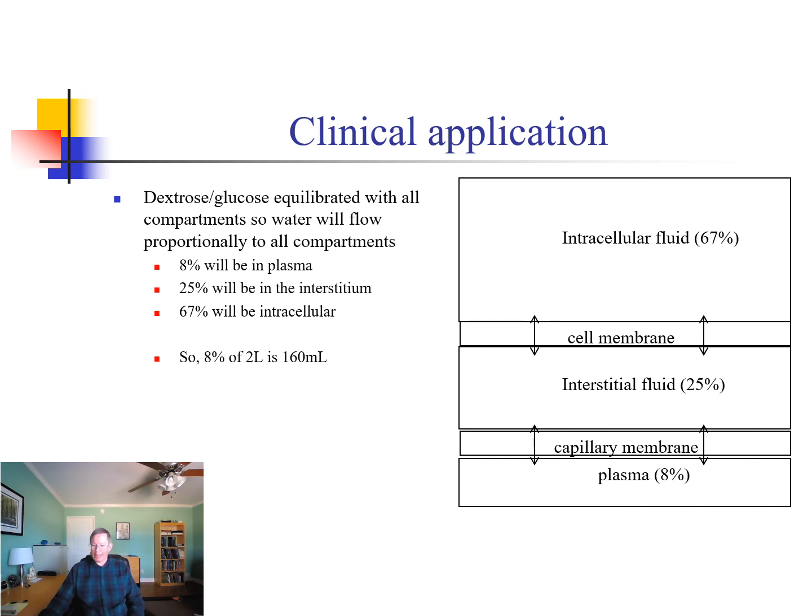If I look at after equilibration of the dextrose, I'm going to get 67%, or 670 milliliters of the 1 liter is going to go inside the cells. I'm going to have 25%, or 250 milliliters for every liter going in the interstitium, and I'm going to have about 80 milliliters staying in the plasma. So 8% of 2 liters is 160 milliliters.